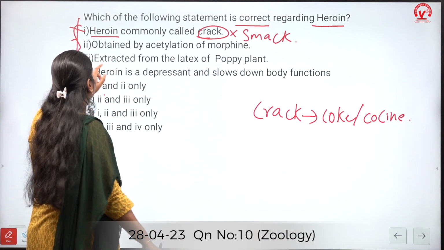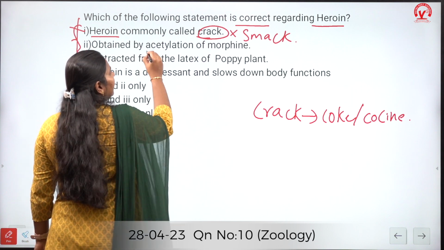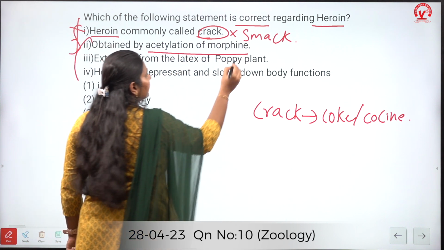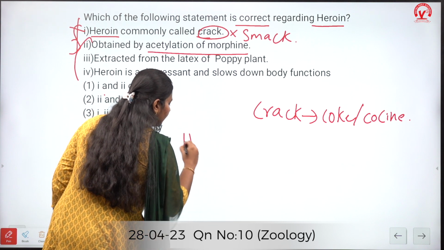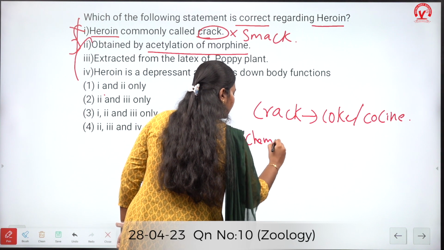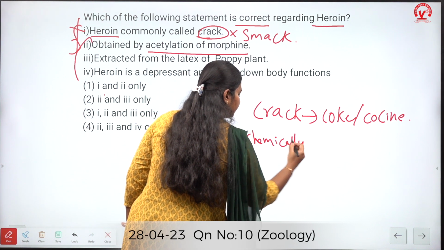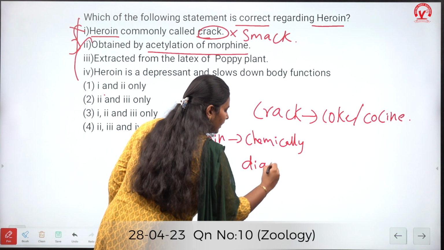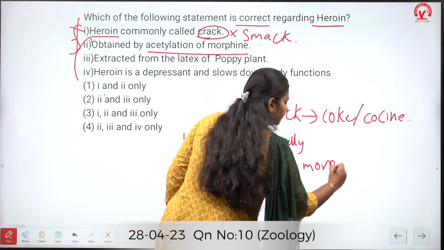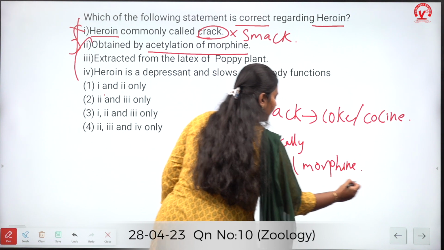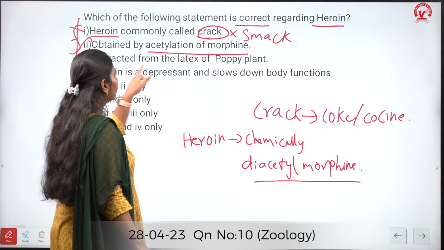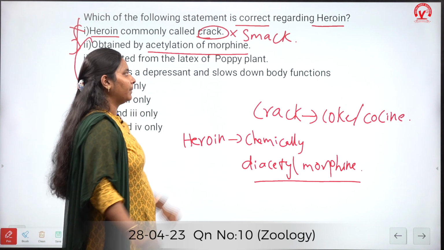And heroin is usually obtained by the diacetylation of morphine. This option is correct. Heroin is chemically called diacetyl morphine. So option 2 is correct. And it is extracted from the latex of the poppy plant.